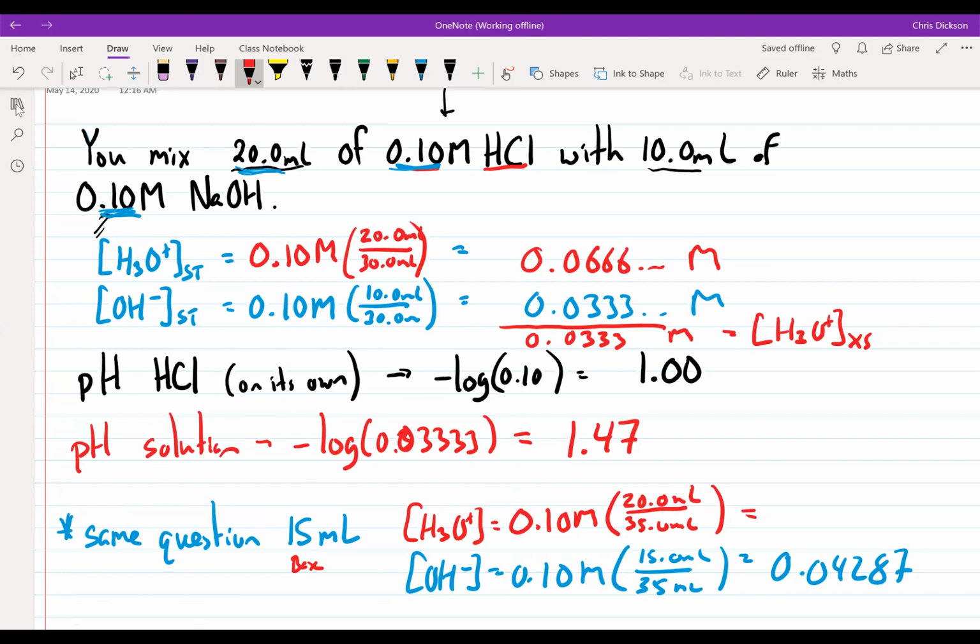Let me just double check that. 0.1 times 2 divided by 3.5. 0.1 times 15 divided by 35. So that's that number. And then we do 0.1 times 20 divided by 35. So we're getting 0.0571. So once again, the hydronium is still in excess.